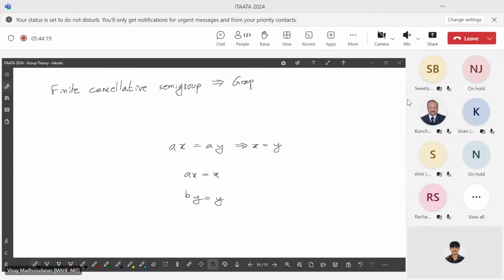Yeah, you can start. Let's call it G only. G is the finite cancellative semigroup.